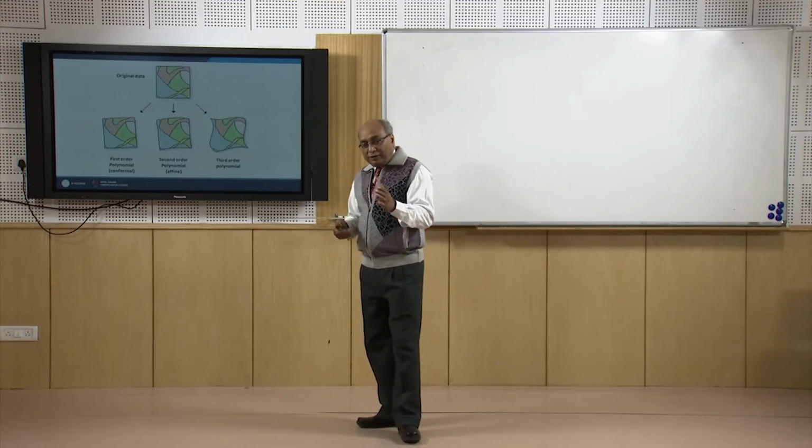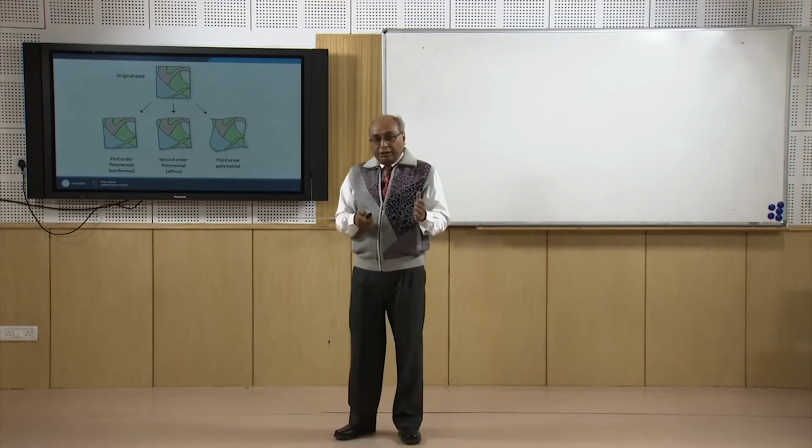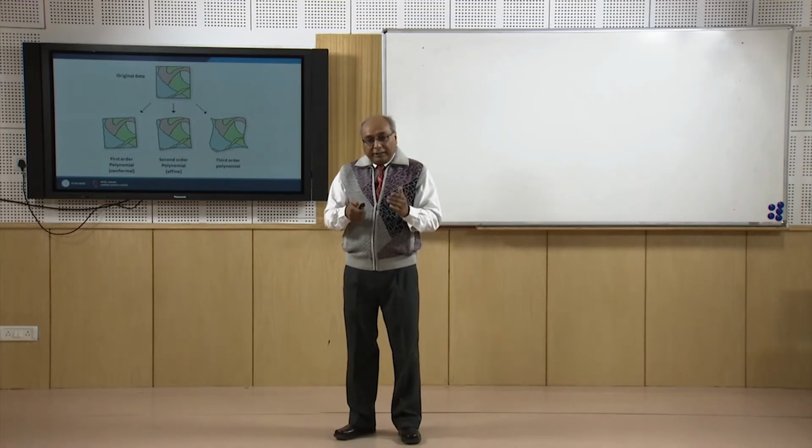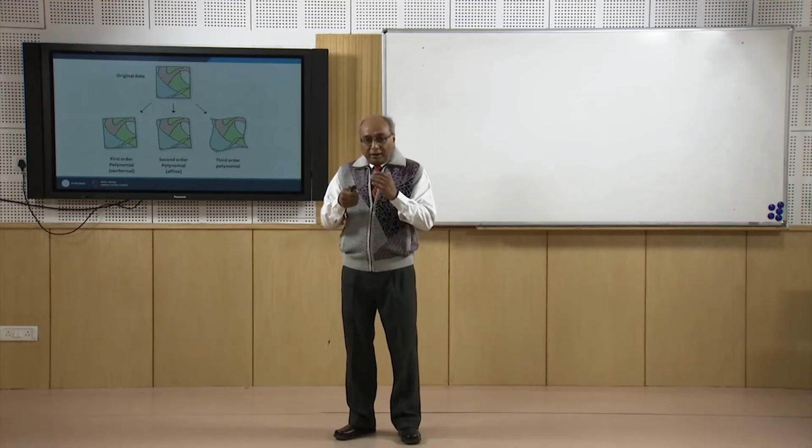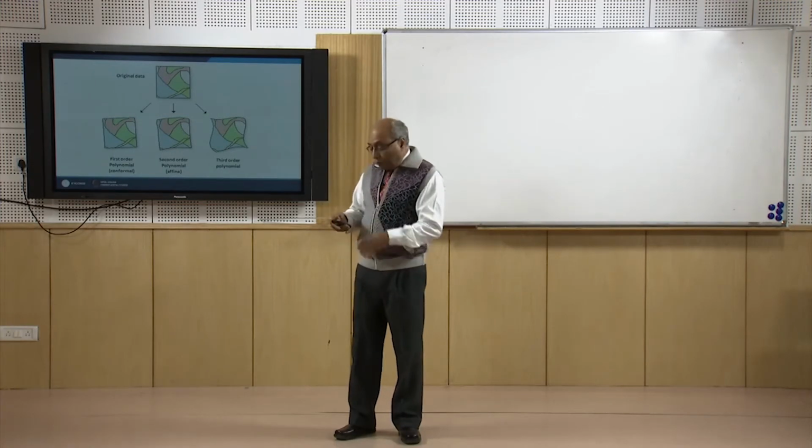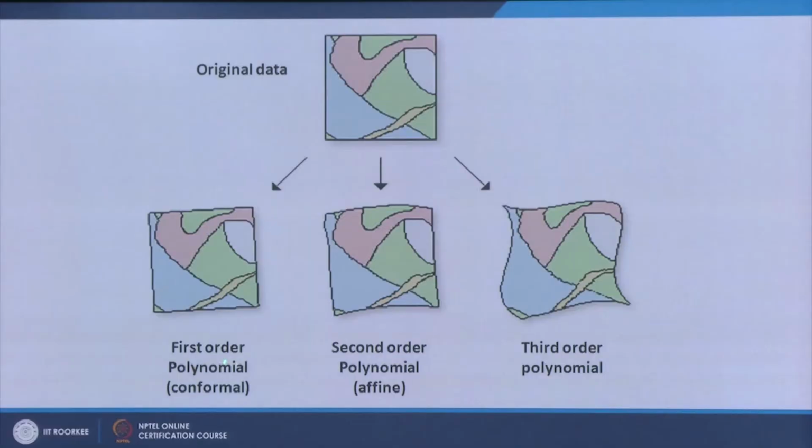So, three steps: first the registration using ground control points, then using polynomial equations to find the coefficients or transformation function, and finally going for resampling. So, now which polynomial equation?